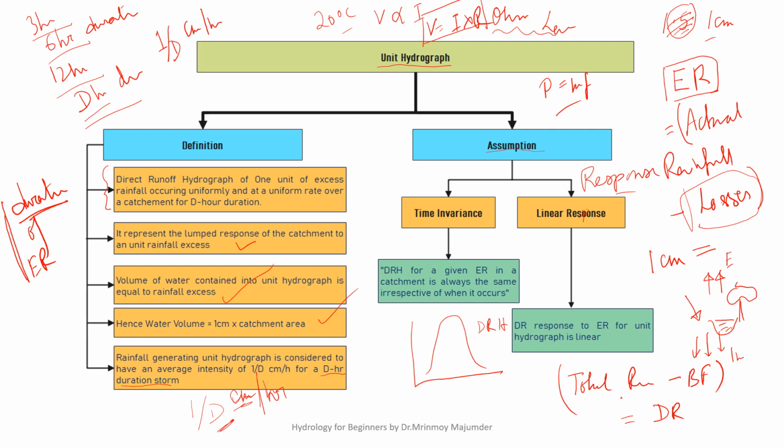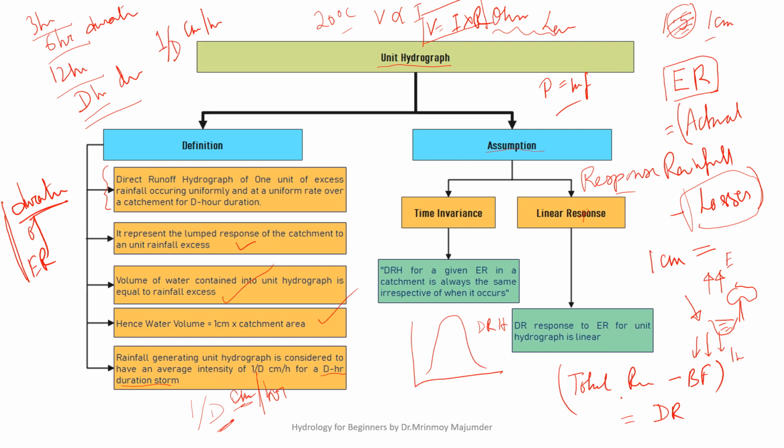You cannot conclude any governing law because hundreds and hundreds of factors contribute to the relationship between pressure and acceleration, or between voltage and current, or rainfall and runoff. So you have to take assumptions. So here also, time invariance, one, the response is always the same whenever rainfall occurs.